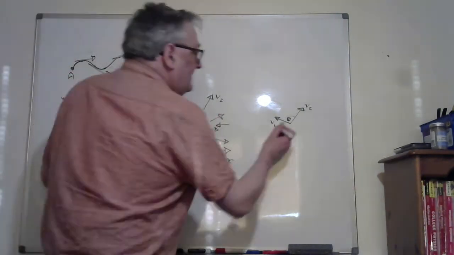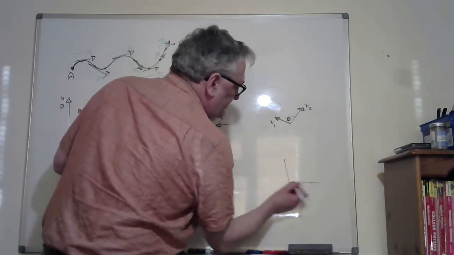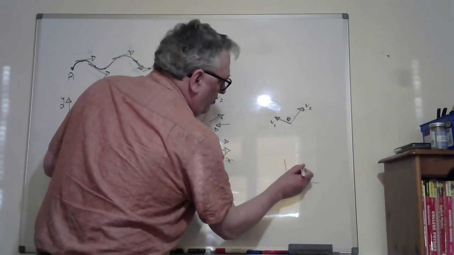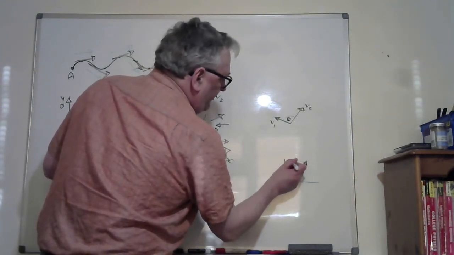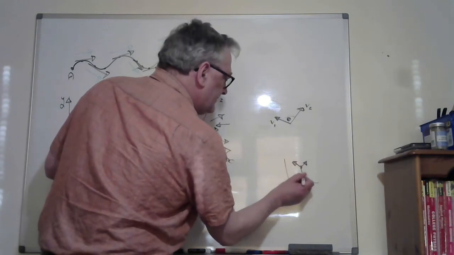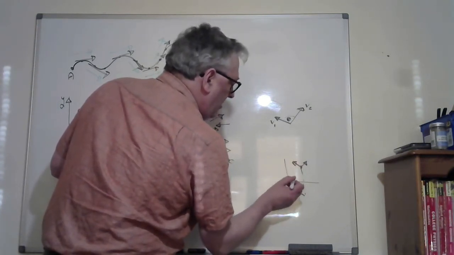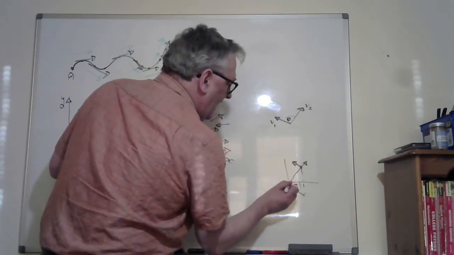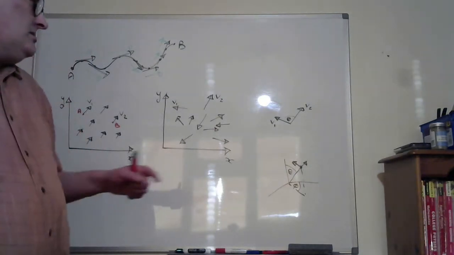So this might be in three-dimensional space like this, with a velocity vector doing something like that, so that it has a coordinate phi along there and a coordinate theta like that.